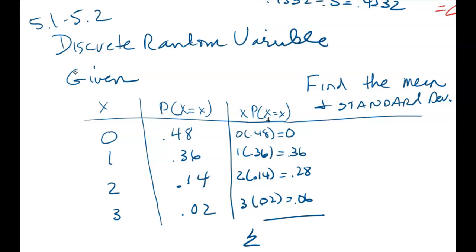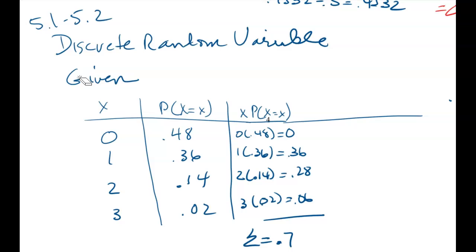Now I sum those up, and that gives me 0.7. So the mean equals 0.7. Remember, the formula was the summation of x times the probability of getting that x, so you multiply each and then sum them together.